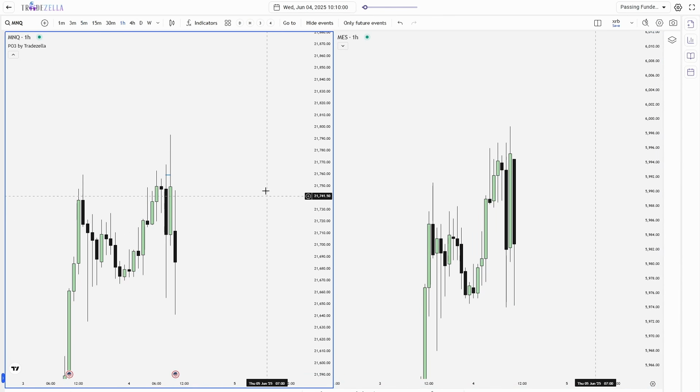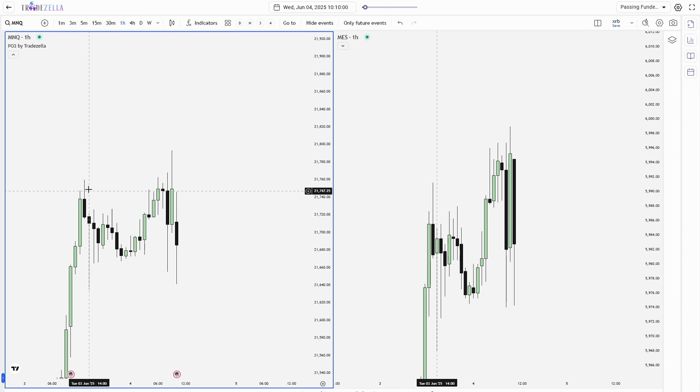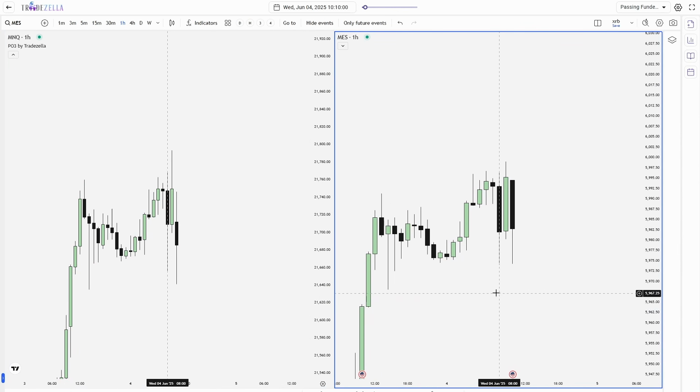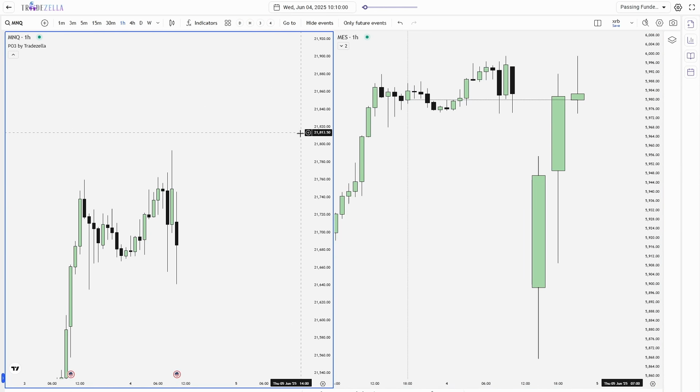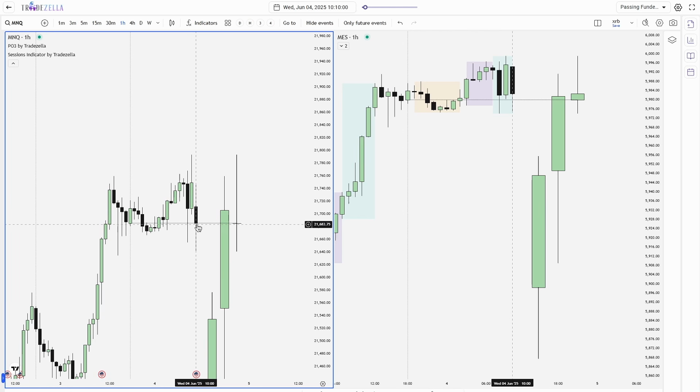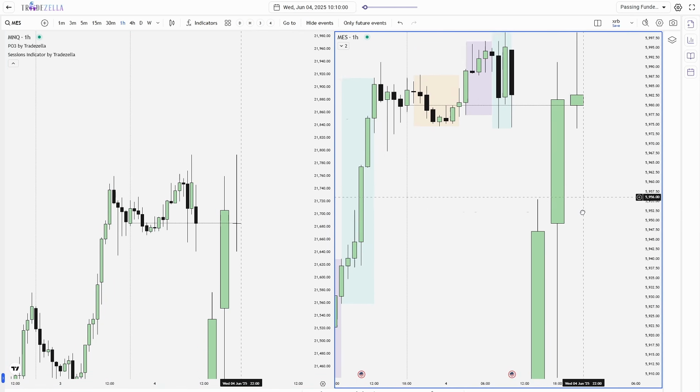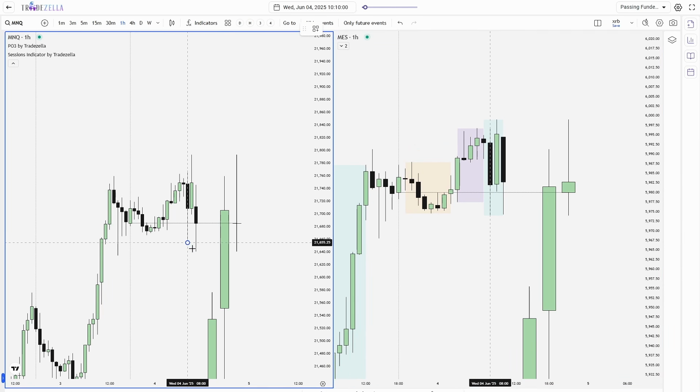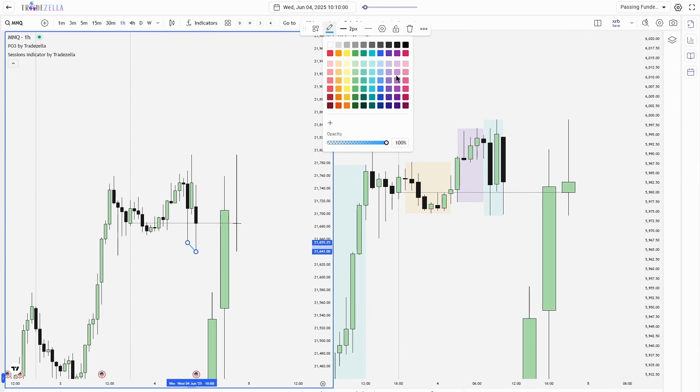And we are invalidating the bias. This is a seek and destroy, taking the high of the day first, then going lower, going higher again. Bringing the daily indicators. Now if we are creating the true low of the day, then the price might reverse up at this point, because we have SMT divergence with the ES.